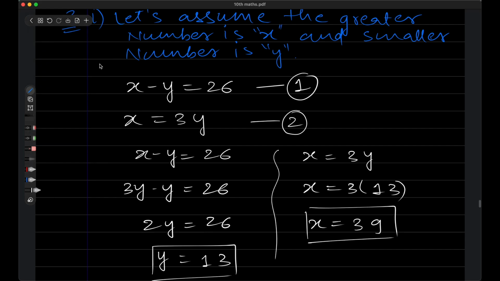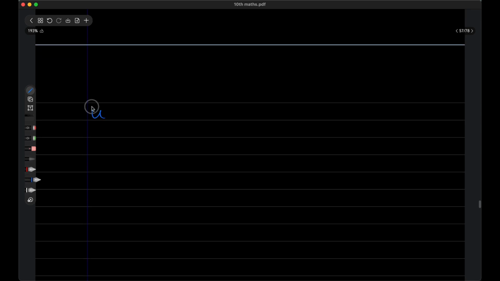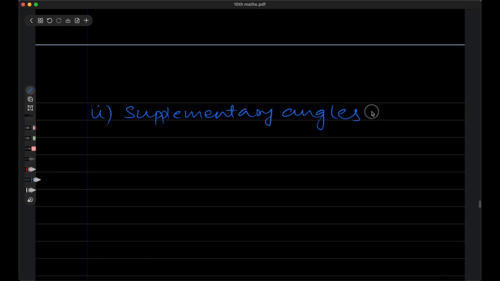Now part 2. The larger of two supplementary angles exceed the smaller by 18 degree. We have to find the angles. So supplementary angles are those angles whose sum is 180 degree.